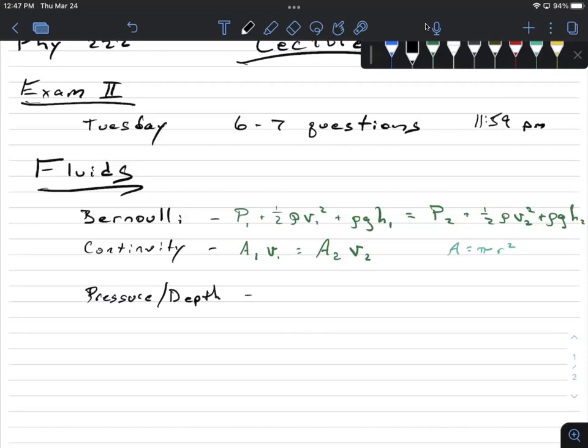The change in the pressure on an object, that is how much more pressure it's going to feel, ΔP, is given by what kind of fluid is the object in, that's rho, the density of the fluid, times gravity, 9.8, times h, which is the depth that you went down.